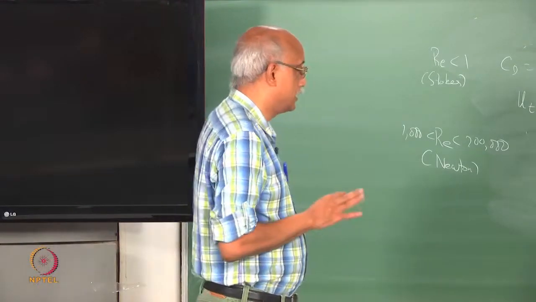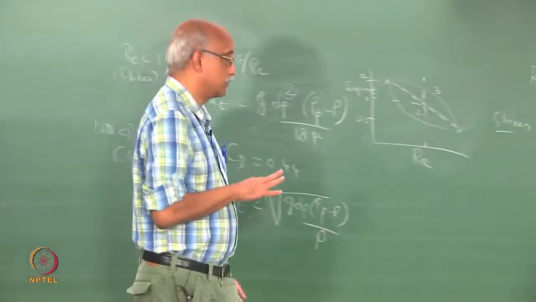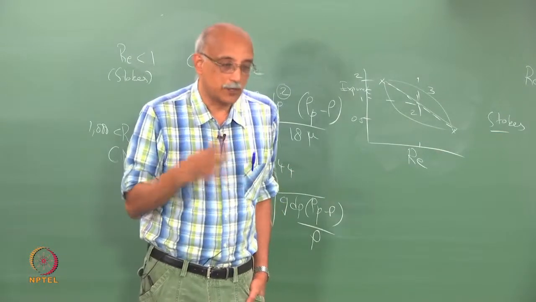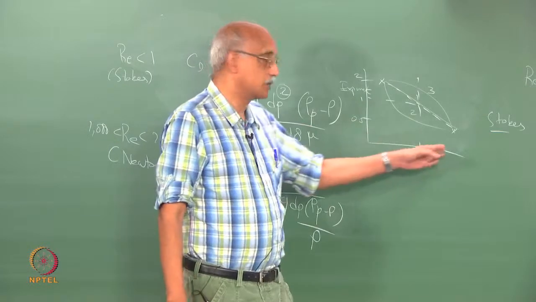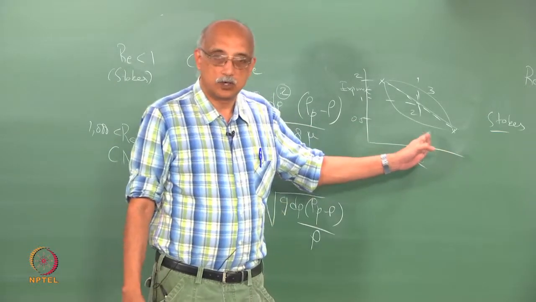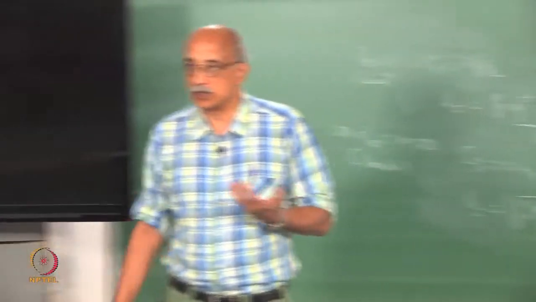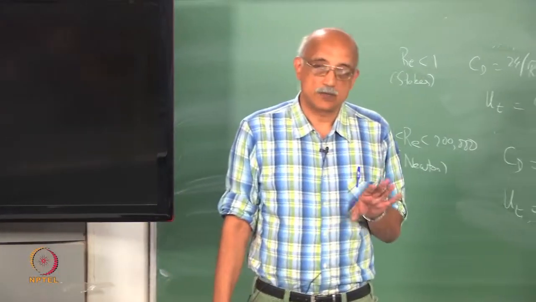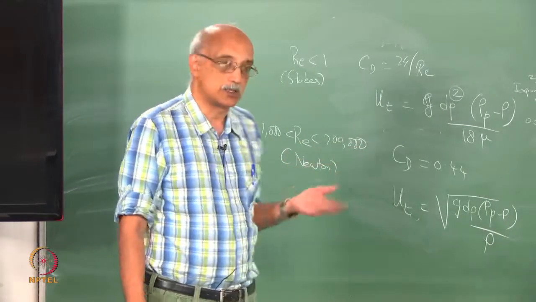So by doing that analysis, you can estimate whether you are going to be in the Stokes regime, or the Newton regime, or some intermediate regime. And then based on that you can appropriately design your process.